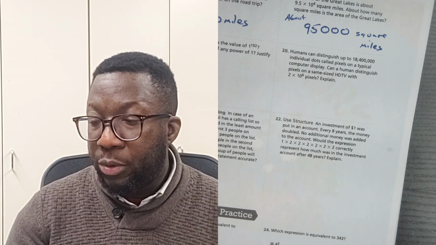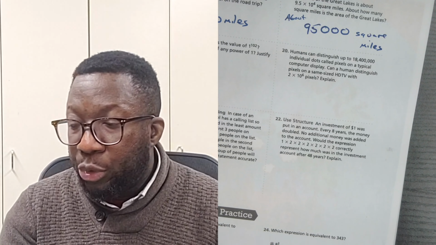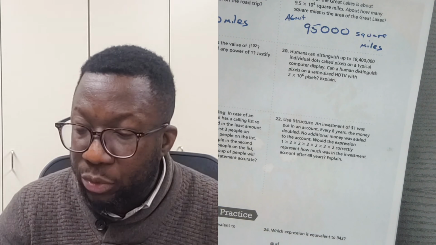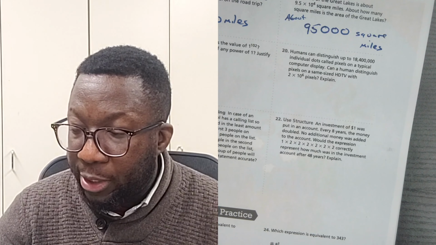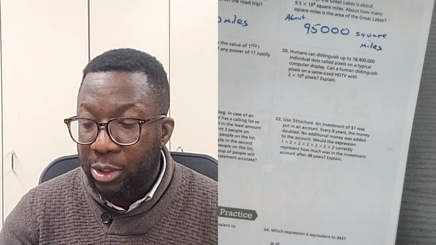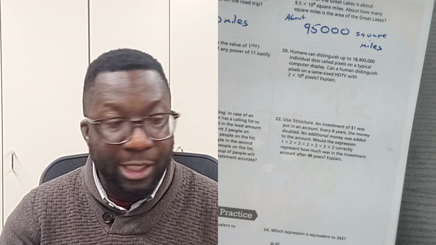So question number 20, humans can distinguish up to 18,400,000 individual dots, which are called pixels, on a typical computer display. Can a human distinguish pixels on a same size HD TV with 2 times 10 to the 6th pixels? Explain. Well, 10 to the 6th power means 6 zeros, which is a million.